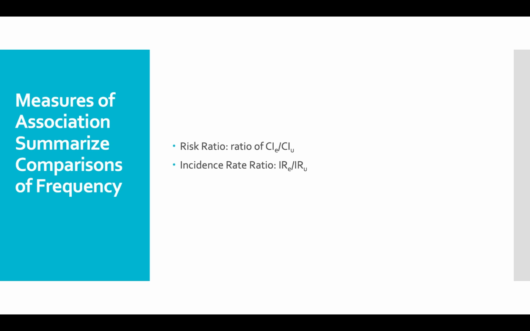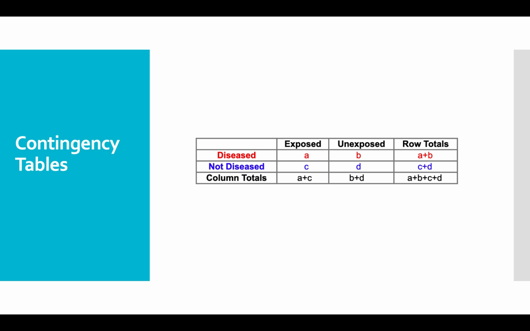So the measures of association are usually the risk ratio and the incidence rate ratio. For these analytical studies, usually we would have contingency tables. If you have many variables, then you must do a lot of contingency tables, but using statistical software, you don't have to do this.